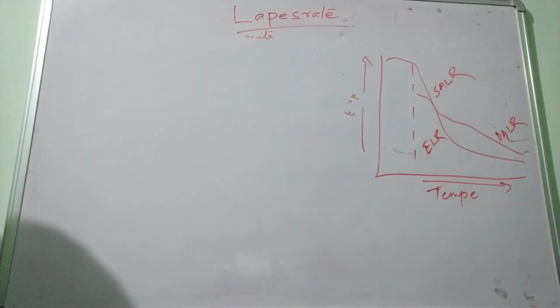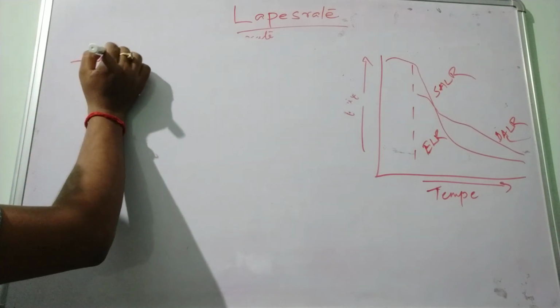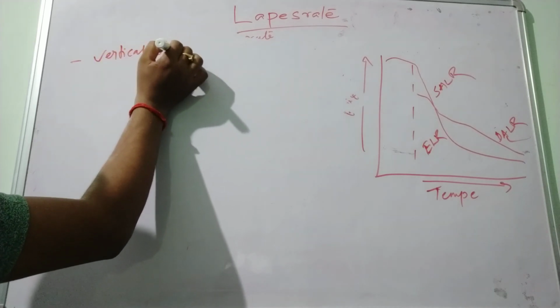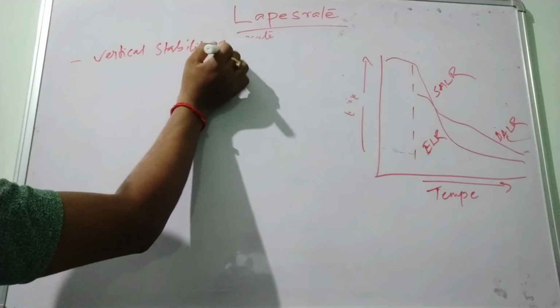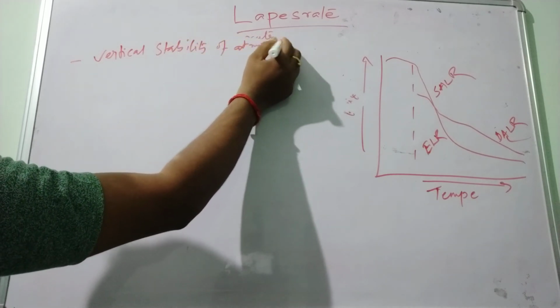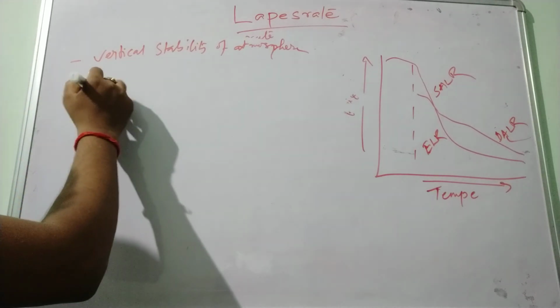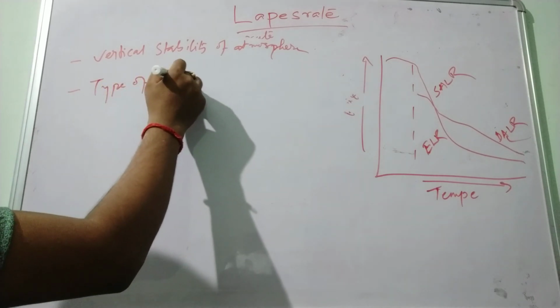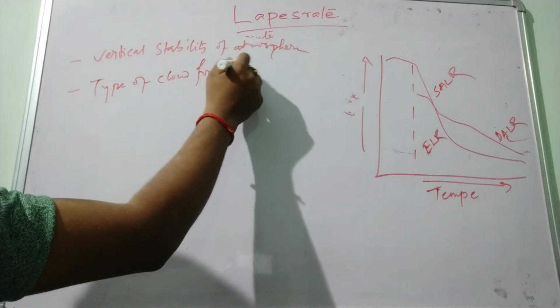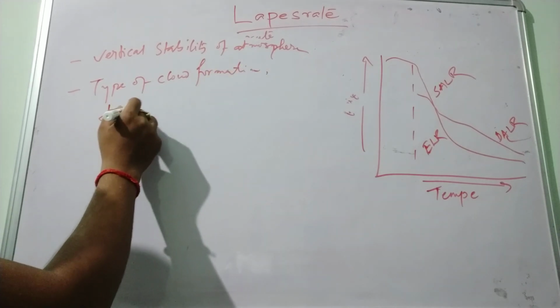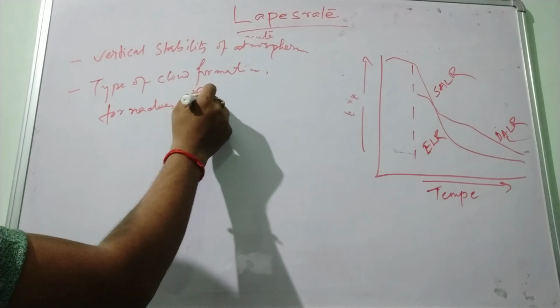First, it helps us to understand the difference between the normal lapse rate and the dry and moist adiabatic lapse rates. It also helps us to study the vertical stability of the atmosphere, and the lapse rate is of prime importance for meteorologists to study the type of cloud formation, tornadoes, and thunderstorms.